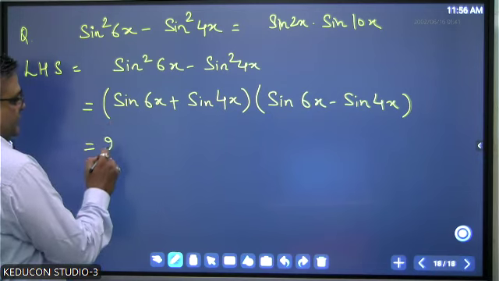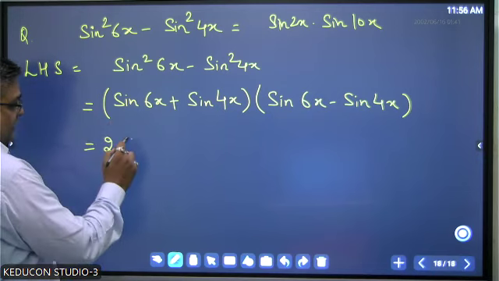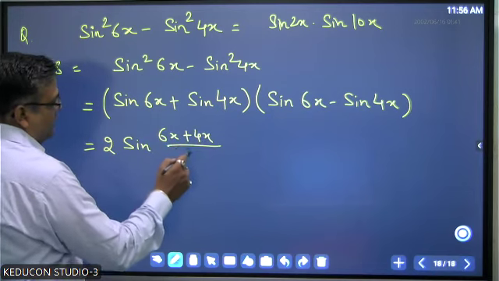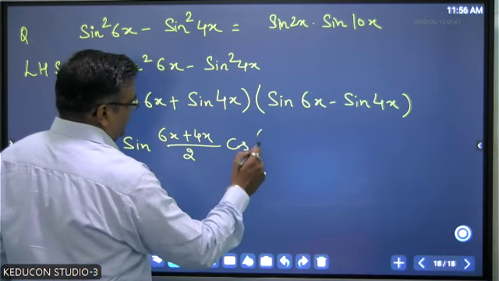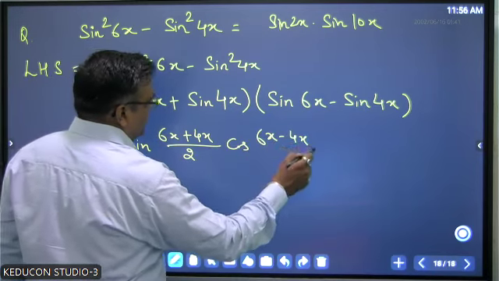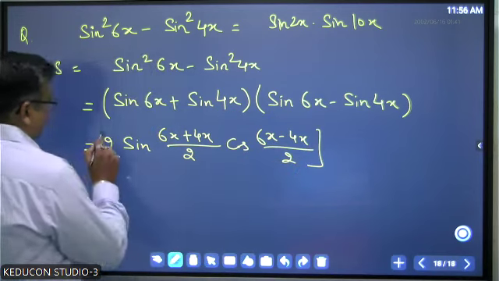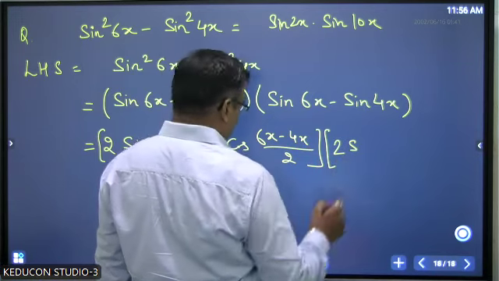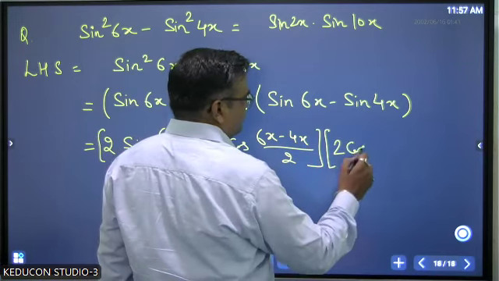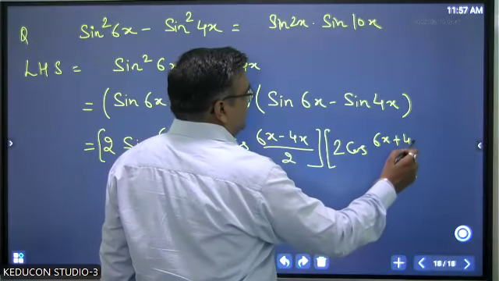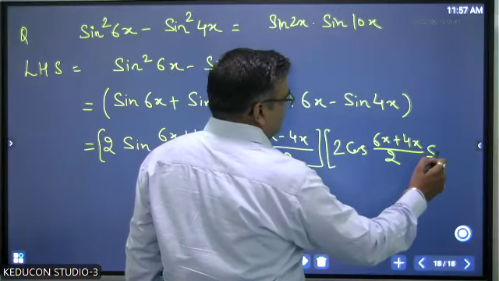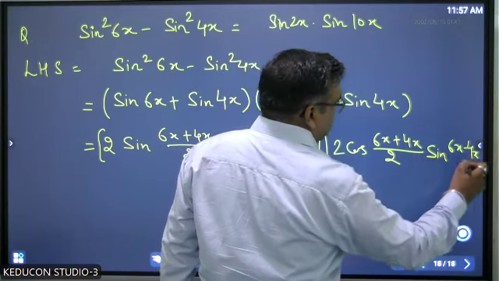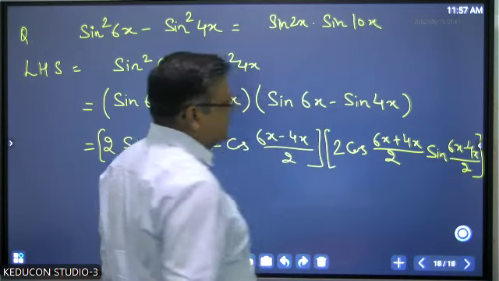When you apply C plus D, this becomes 2 sin C plus D by 2 cos C minus D by 2, into 2 cos C plus D by 2 sin C minus D by 2, right?